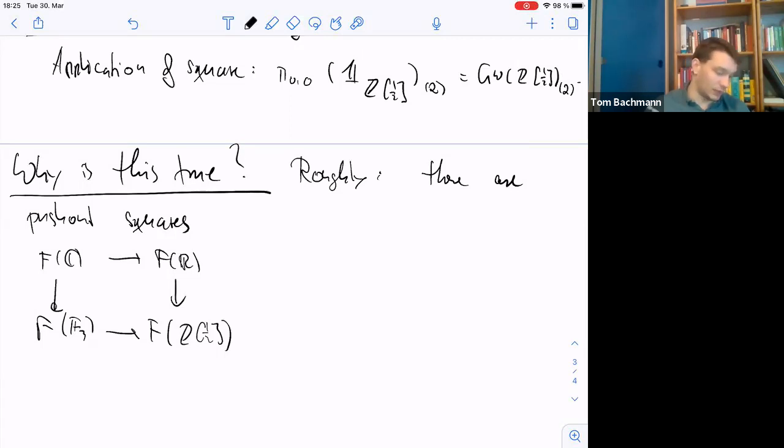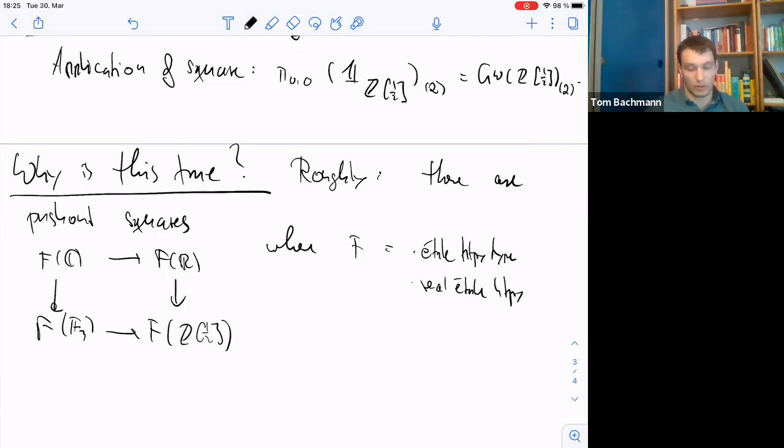Where F equals one of the following: you take the etale homotopy type, or you take the real etale homotopy type, or I guess I want to say you take the Zariski homotopy type. And then you cohomologically localize this.